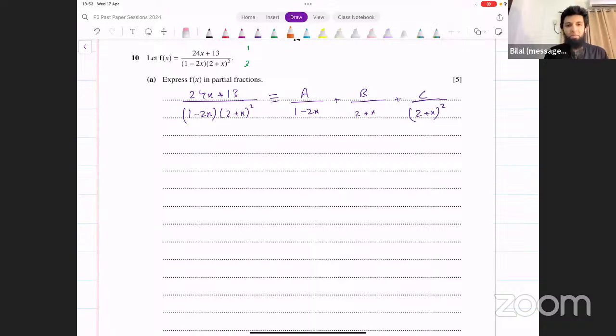Now, multiply this denominator on the right side, yes, Faizan? Sir, there is another form for 2 plus x whole square, bx plus c. Is it better to write in that form, or is this one better? No, you can't use that for this one. That is when you have a quadratic factor in the denominator. This is repeated linear factor. That's for quadratic factor.